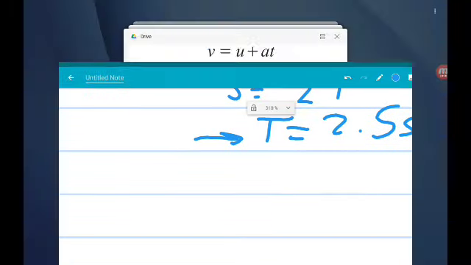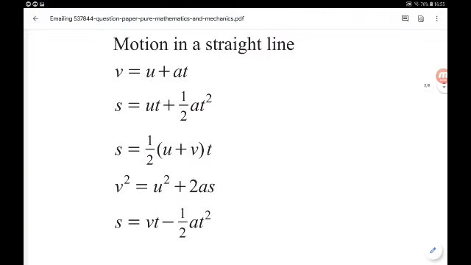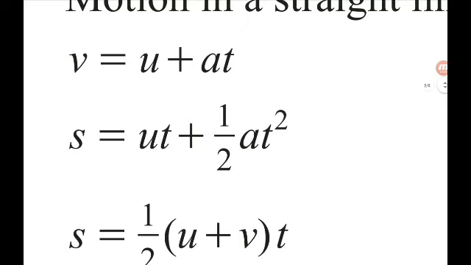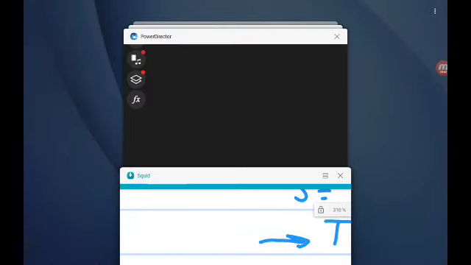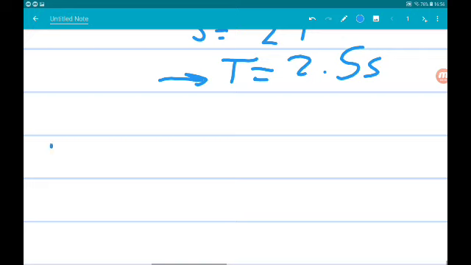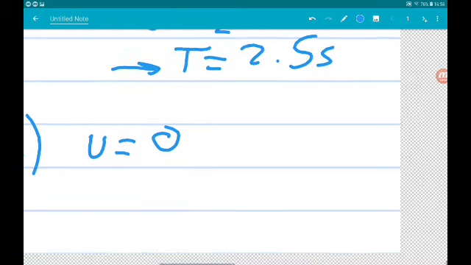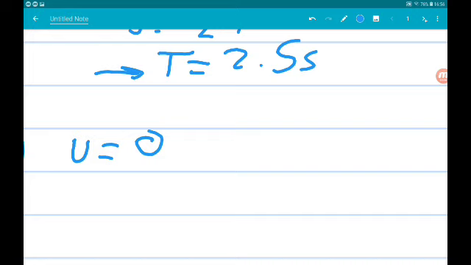Now, the equation that I'm going to use is s is ut add 1/2 at squared. So, we know that u is equal to 0. We know, or we can work out the acceleration.